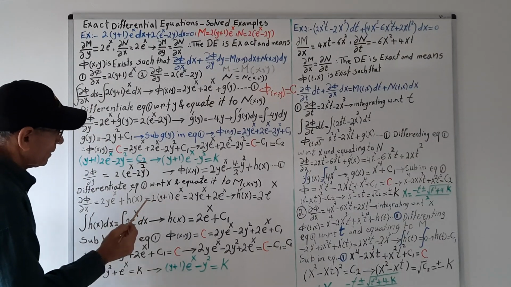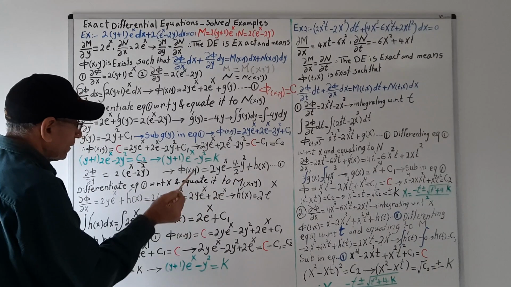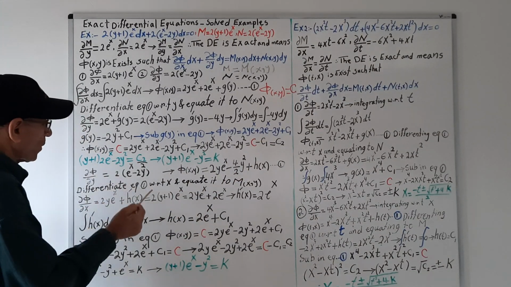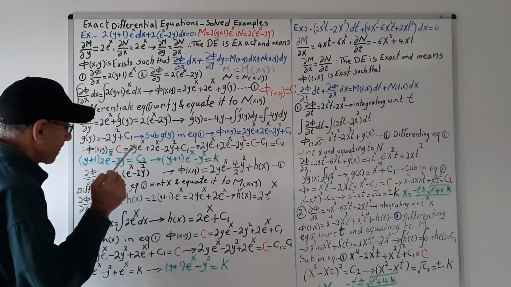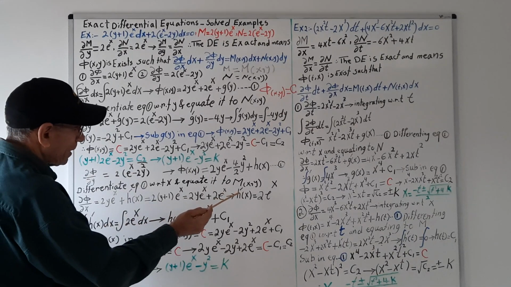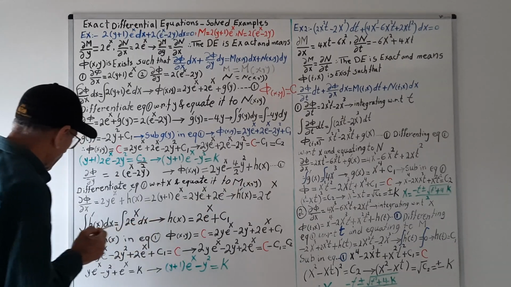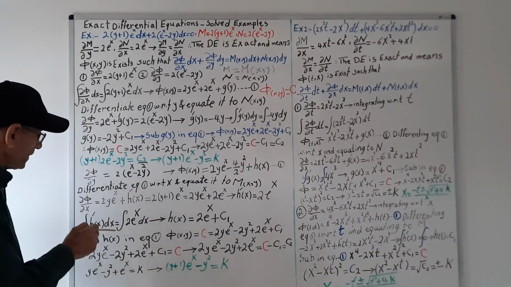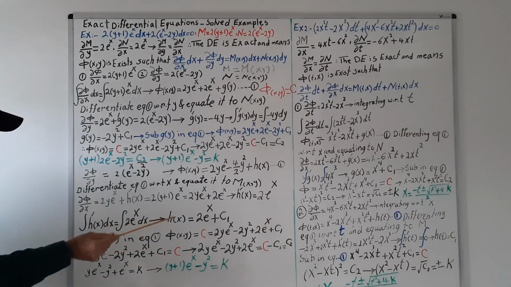Now we will find this function by first differentiating equation 1 with respect to x and equating it to M. Here we are. So h prime of x equal 2e to the power x. We integrate both sides, and here is h of x.